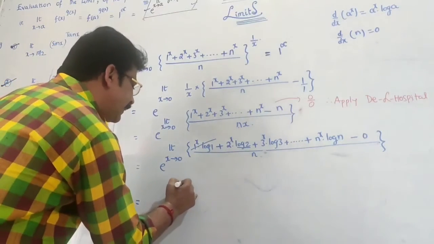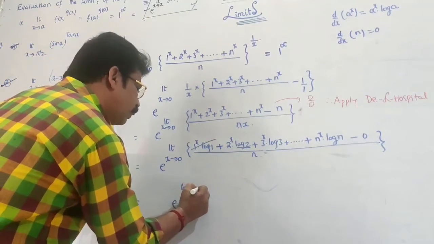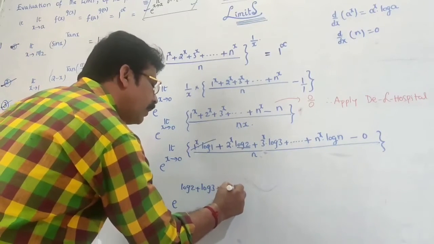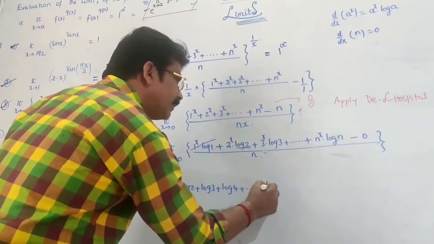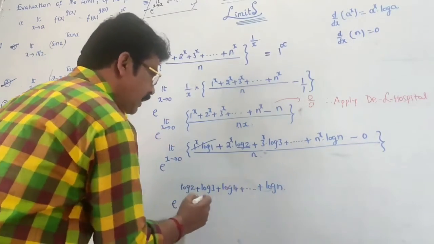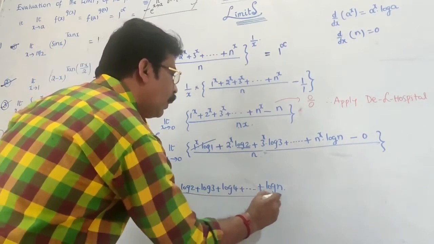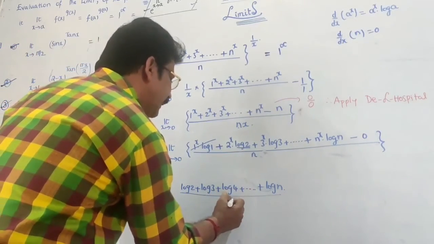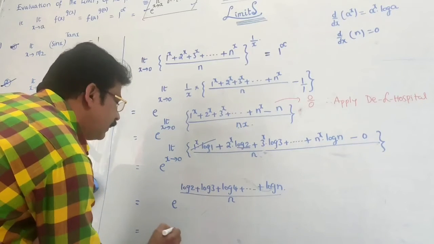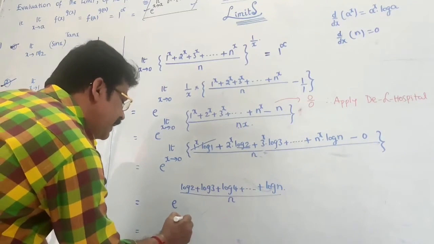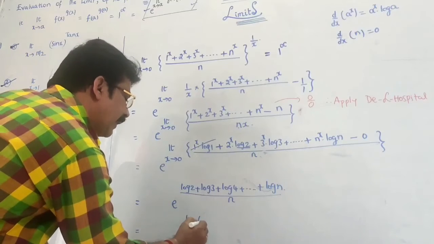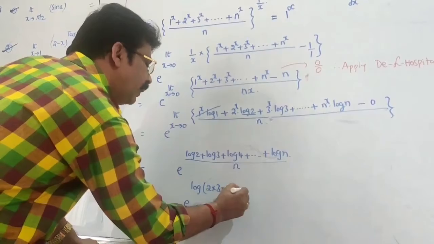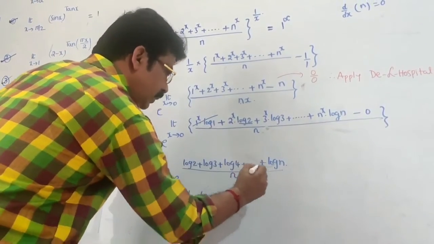So therefore it means log 2 plus log 3 plus log 4 plus and so on plus log n, whole divided by n. So that is equal to e power. Actually it is the logarithm of 2 into 3 into 4 into and so on into n.